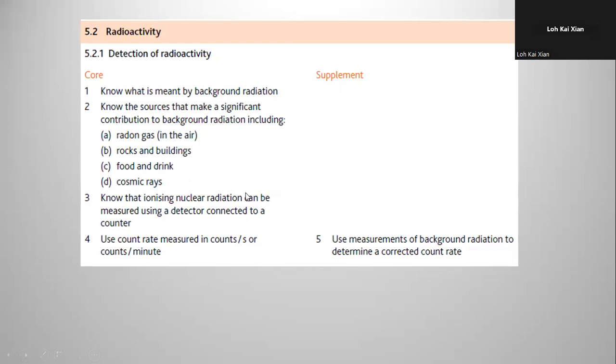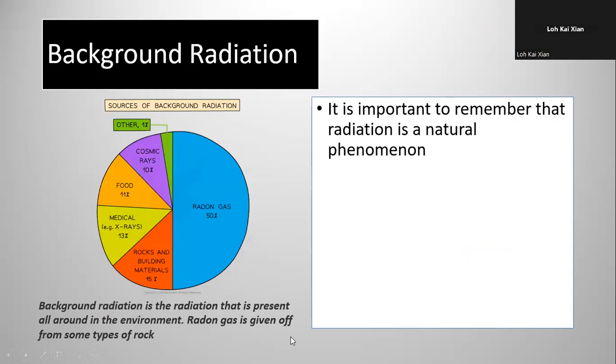That's the syllabus: know the sources that make a significant contribution to background radiation, including radon in the air, rocks and buildings, food and drink, and cosmic rays. So these are the 4 areas that you need to remember. You can look at the syllabus yourself during your free time.